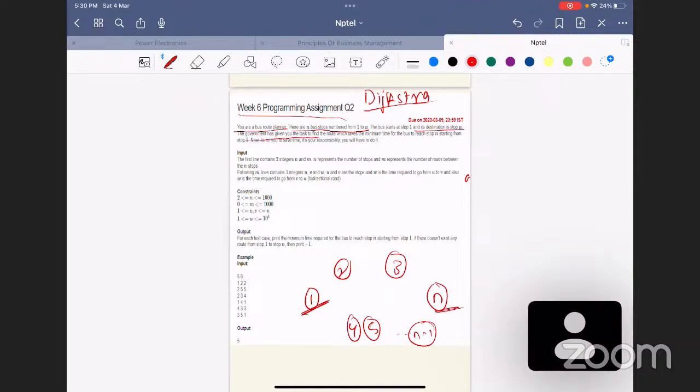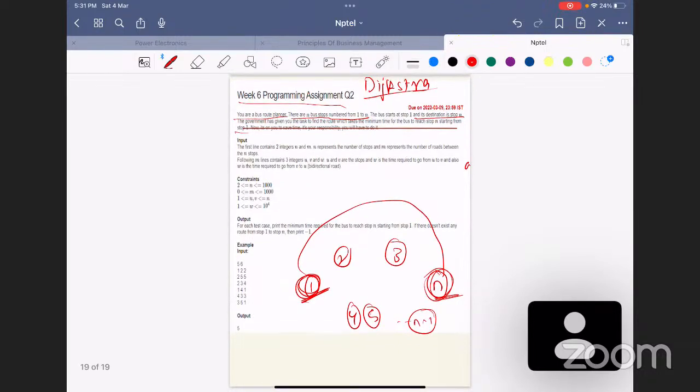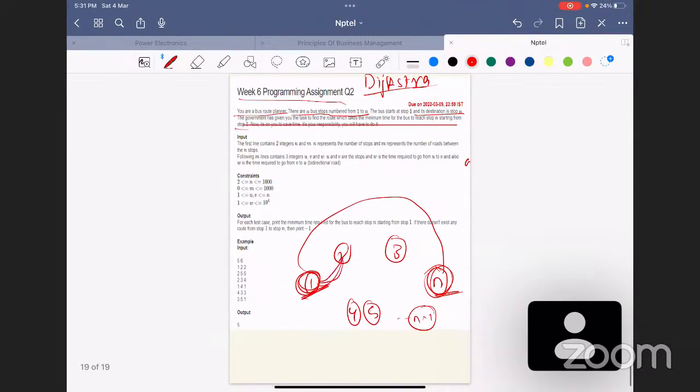The government has given you the task to find the route which takes the minimum time for the bus to reach stop n, starting from stop 1. So the bus will start from 1 and wants to reach the destination n. And here, from 1 to 2, x time will be taken, from 2 to 3, y time will be taken, from 3 to n, z time will be taken.